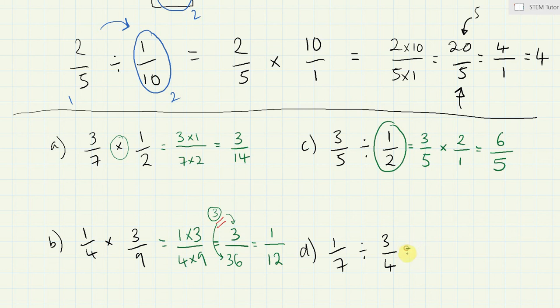And then D, again, I think it's best just to rewrite the question but with that final fraction flipped and the sign changed from divide to multiplication. So this becomes 1 times 4 is 4, and 7 times 3 is 21.